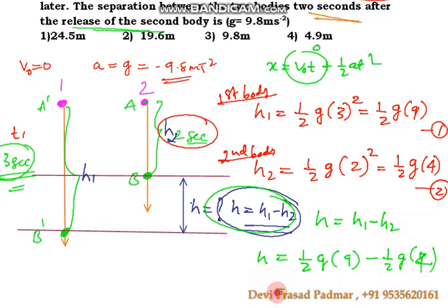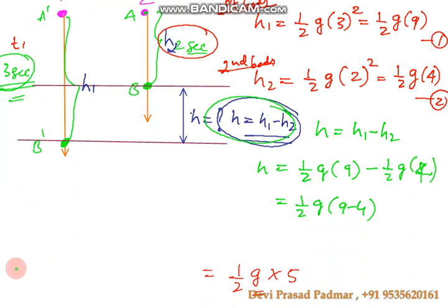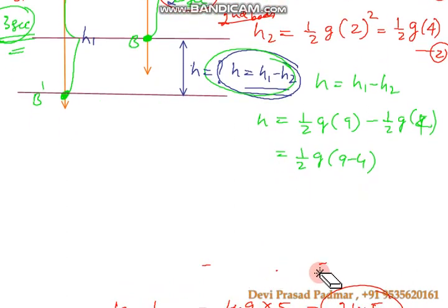Half g is common, so half g into 9 minus 4, which is 5.